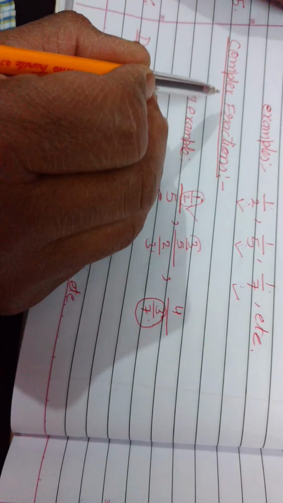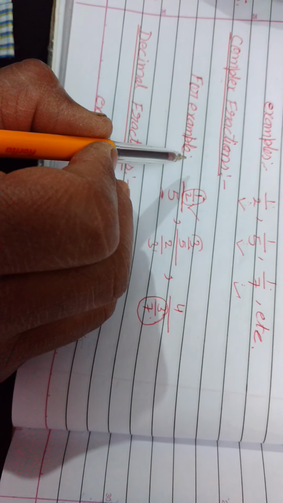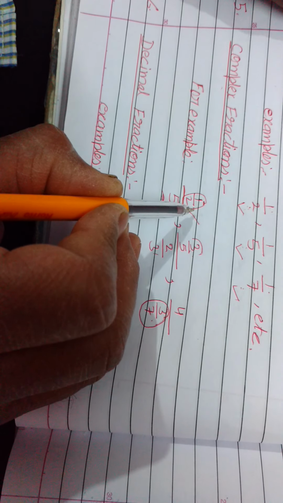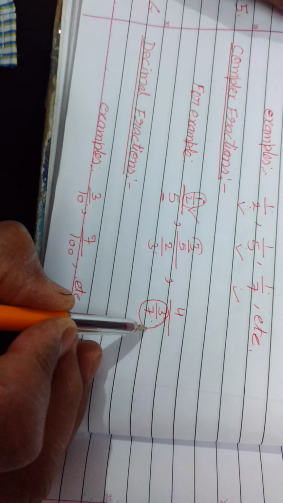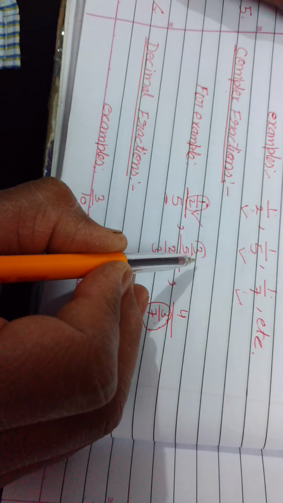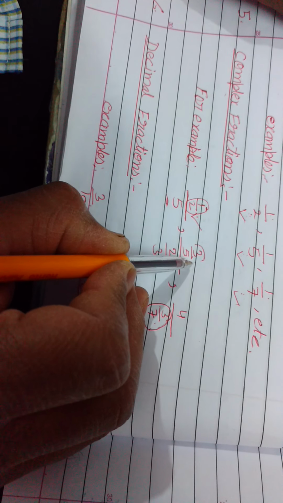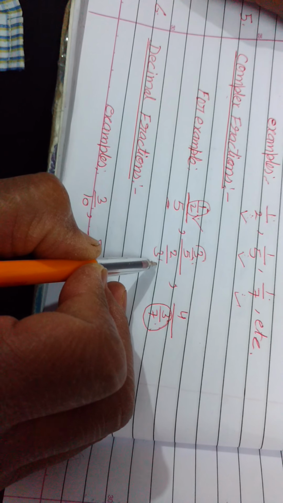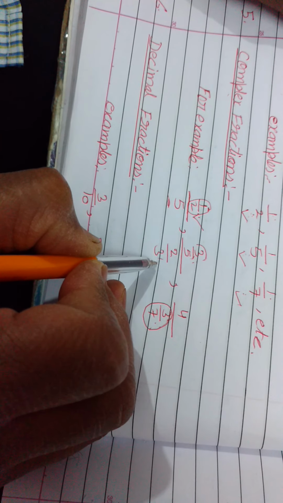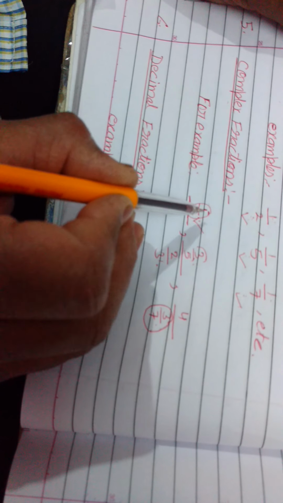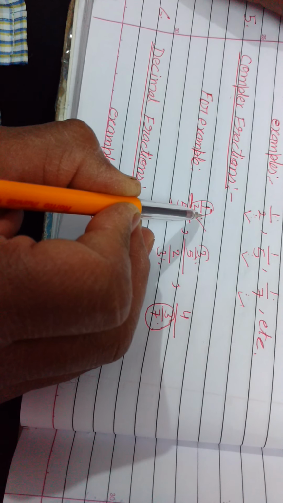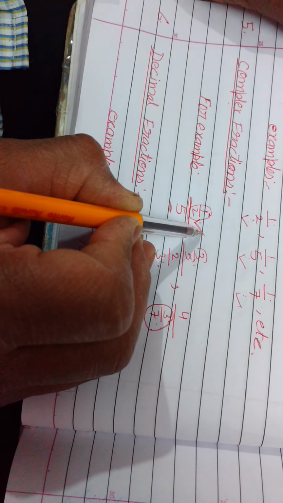Fifth one is the complex fraction. A fraction in which either the numerator or the denominator or both are fractions is called a complex fraction. In this example, 1 upon 2 is over 5, so the numerator is a fraction.